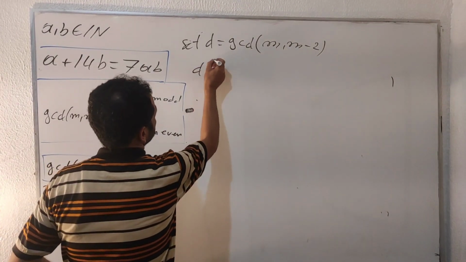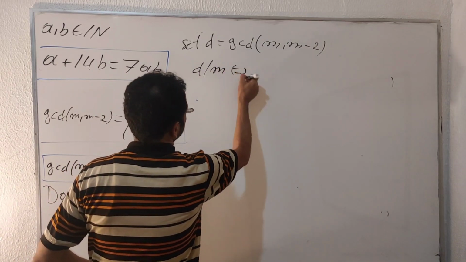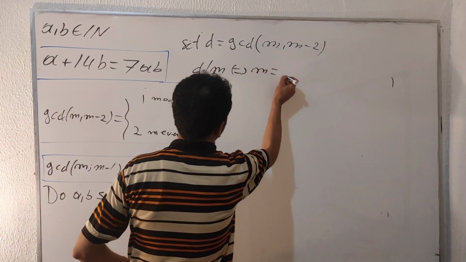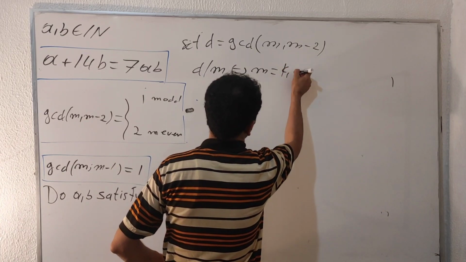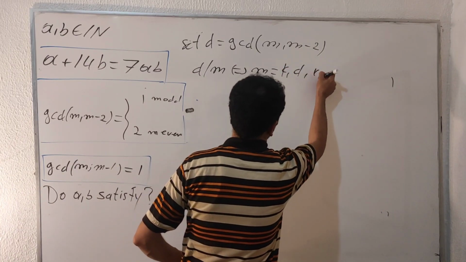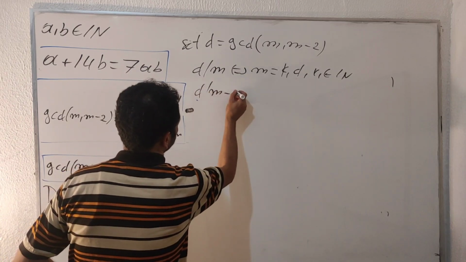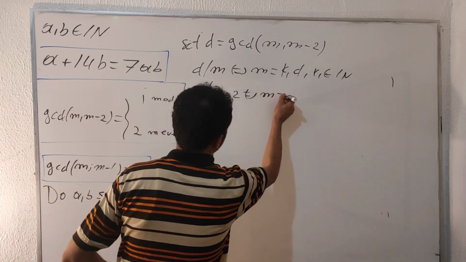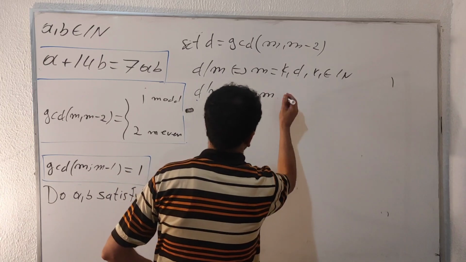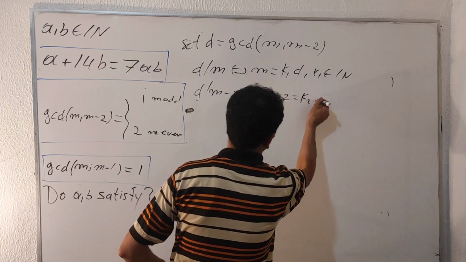We say d divides m, equivalently m equals k1 multiplied by d, where k1 is some natural number, and d divides m minus 2, equivalently m minus 2 equals k2 multiplied by d.